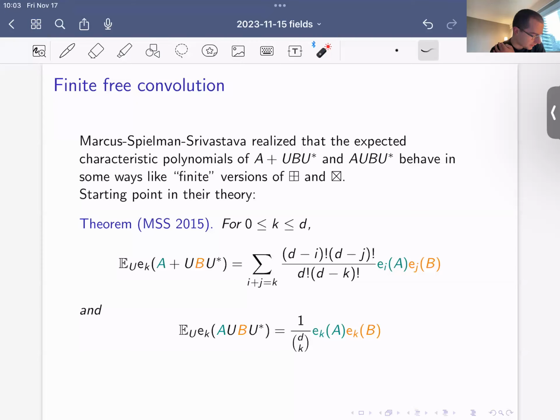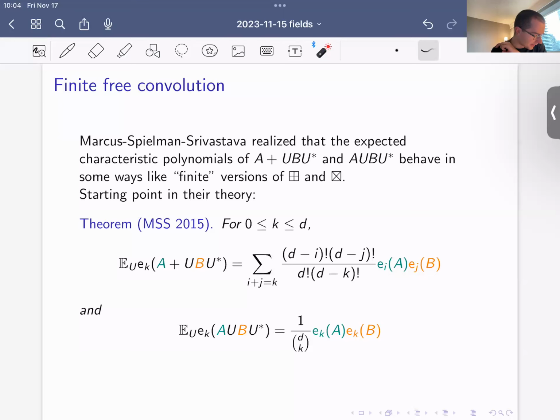Their result is easiest to phrase in terms of coefficients. These are the coefficients of the characteristic polynomials. The first one is that for the sum, the expected k-th coefficient of this characteristic polynomial has a binomial sum form: a sum over i plus j equals k of the i-th coefficient times the j-th coefficient with some normalizations.